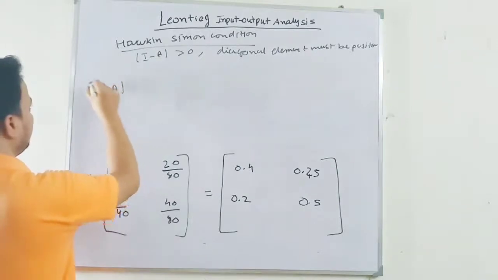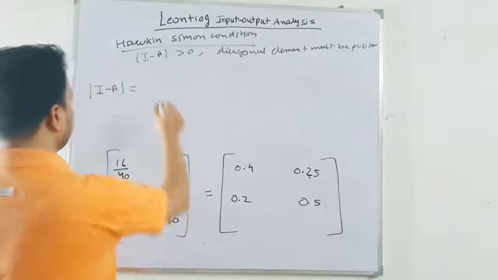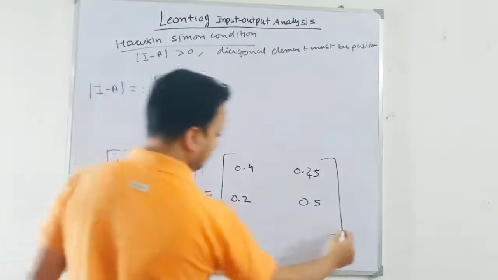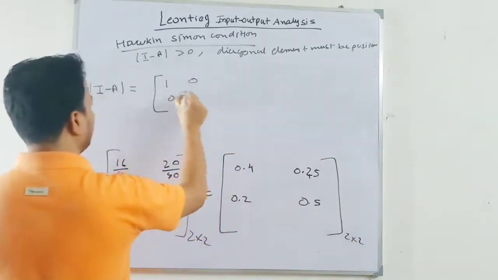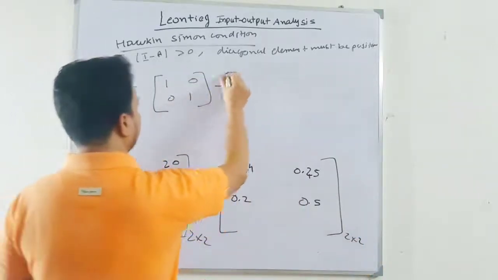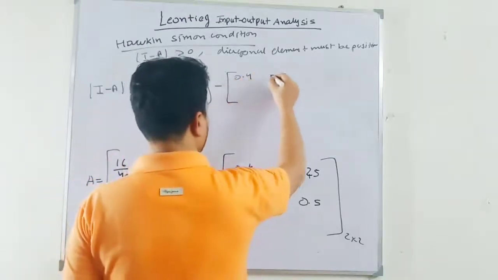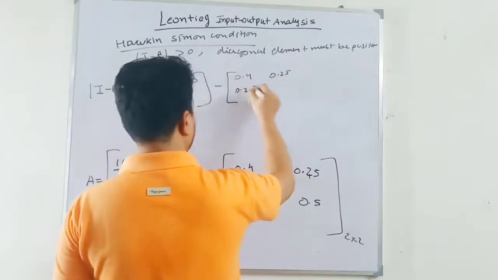Determinant of I minus A, the first condition I am looking at. This is a 2 by 2 matrix, right? So 1 0 0 1 minus 0.4, 0.25, 0.2 and 0.5.